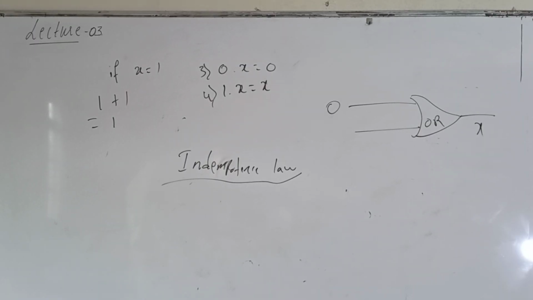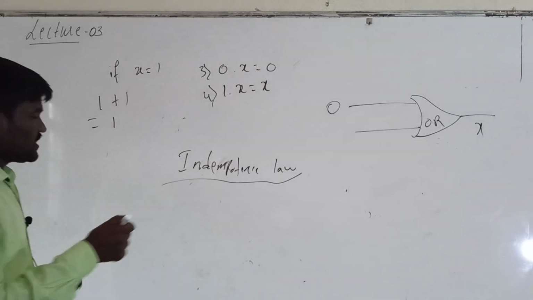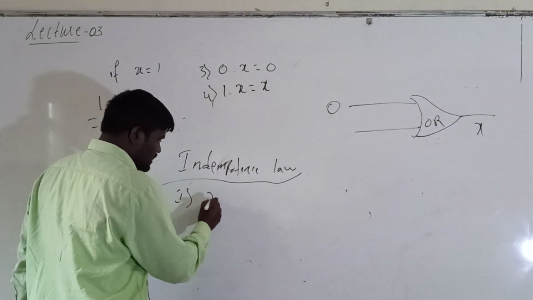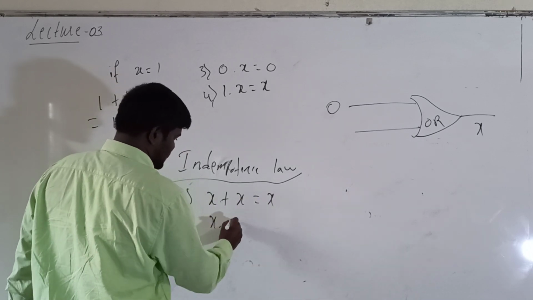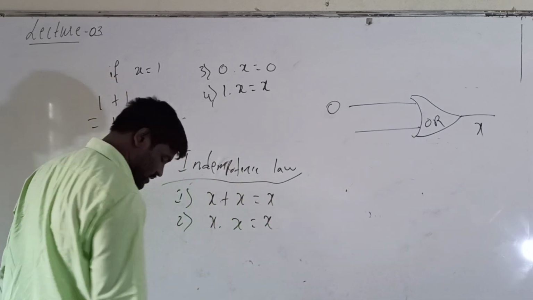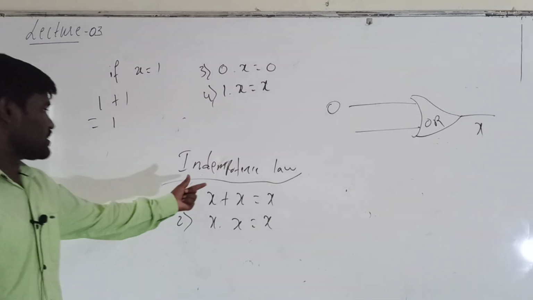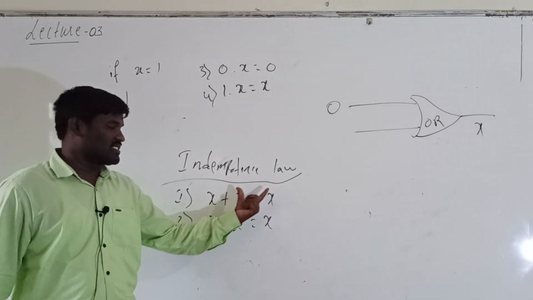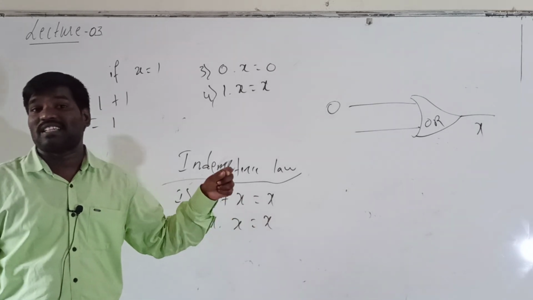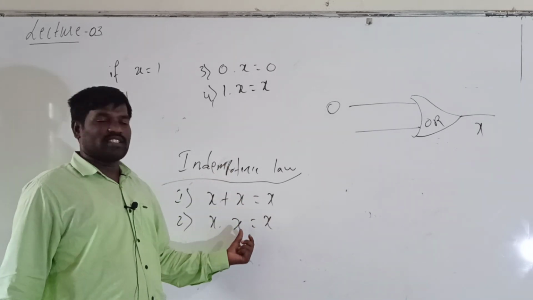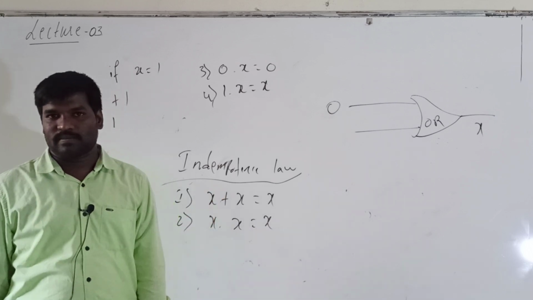So idempotence law, the first one is x plus x is equal to x. Second one, x into x is equal to again x. See here, the first law of idempotence is x plus x is equal to x, not 2x. In the same way, x into x is equal to x.